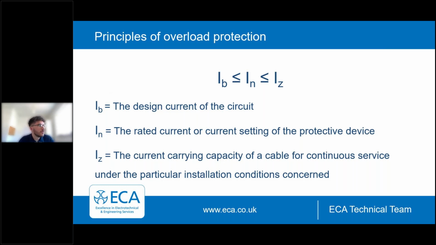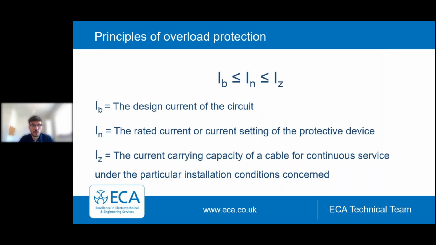So hopefully straightforward enough. The second half of this equation, IN, the rating of the protective device again, should be less than or equal to IZ, which is the current carrying capacity of a cable for continuous service under the particular installation conditions concerned. So here we're looking at the cable needing to be able to carry at least the amount of current that the protective device is rated at.